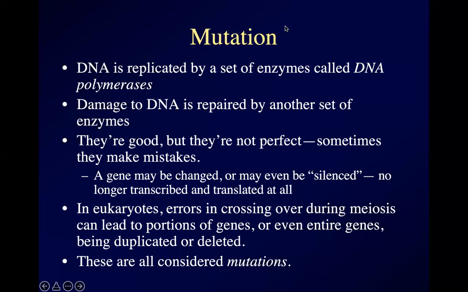So the polymerases replicate DNA. There's other sets of enzymes that repair DNA, and they're very, very good. However, they're not perfect. There are some times when they make mistakes. And whenever you make a mistake, you end up with a sequence of DNA with an altered sequence from what it used to be.